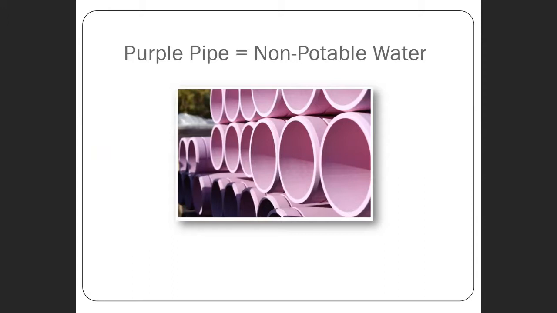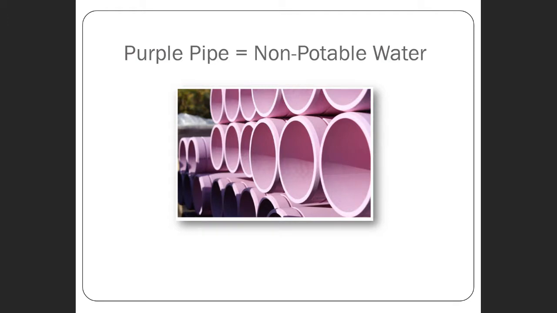One thing we have to do if we're going to have systems like this, where we are piping around non-potable water, is make sure that people don't get mixed up and connect something to the wrong kind of water. Purple has become kind of the standard color for non-potable water systems.